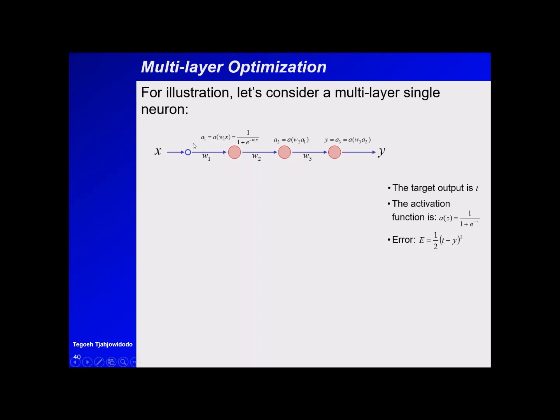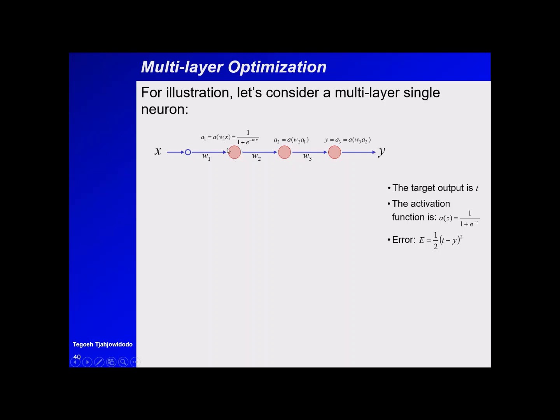Obviously, let's just assume we don't have bias to optimize here. So we only have 3 parameters to optimize, W1, W2, and W3 here. So the output Y of this network will be equal to X times W1. We only have one input here, X times W1.